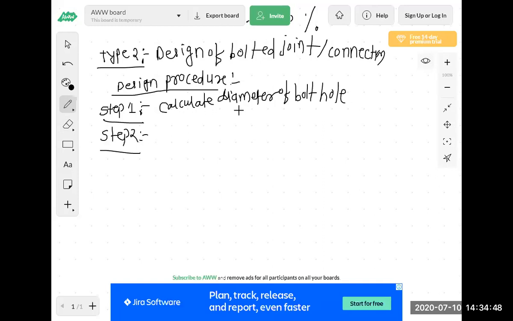Step number 1 is calculate diameter of bolt hole. Then step number 2 is calculate pitch and edge distances. In step number 3, what have we calculated?